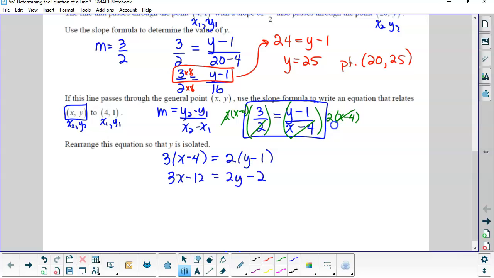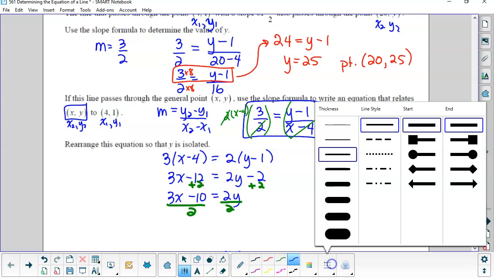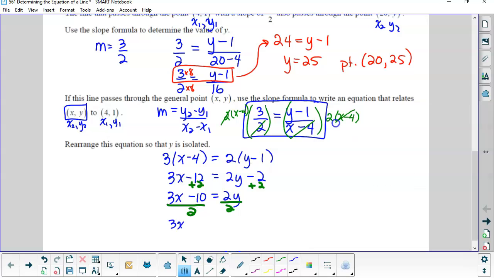And it says isolate y. So that's going to be 3x minus 12 equals 2y minus 2. I'll add 2 to both sides, then I'll divide by 2. In this case, most times for equations of lines, we separate it into 2 terms, so I divide each term by the 2 there.